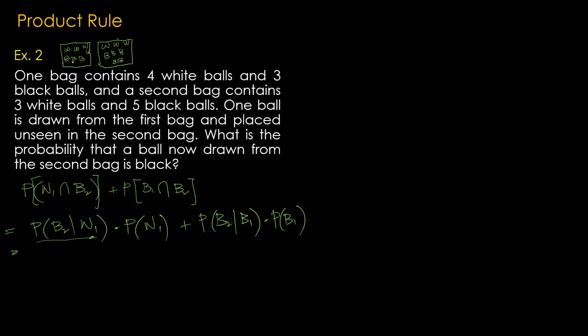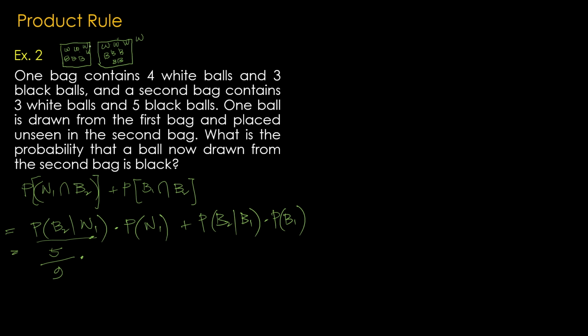What is the probability of drawing a black ball in the second bag, given that we've drawn a white ball in the first bag? We've transferred the one white ball from the first bag into the second bag. So that would be 5 black balls divided by the total number of balls, 5/9, multiplied by the probability of drawing a white ball in the first bag.